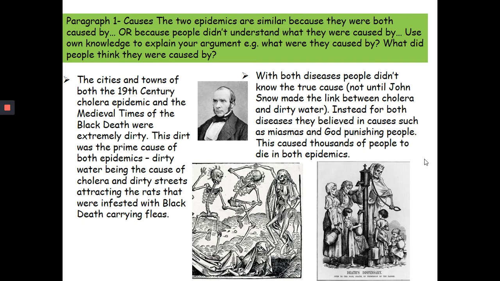And at the bottom there, you see again similarity between pictures of two illustrations. On the left, that's from the Black Death, dancing on someone's grave, and on the right it shows the water pump which was carrying the cholera virus, which was the sole drinking water outlet.